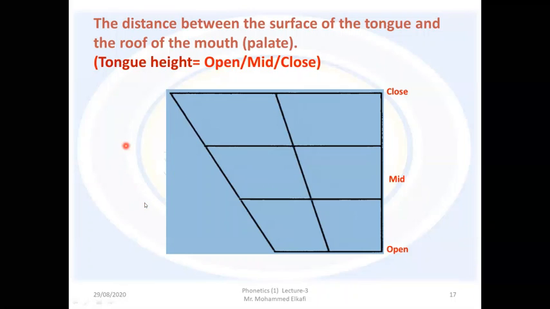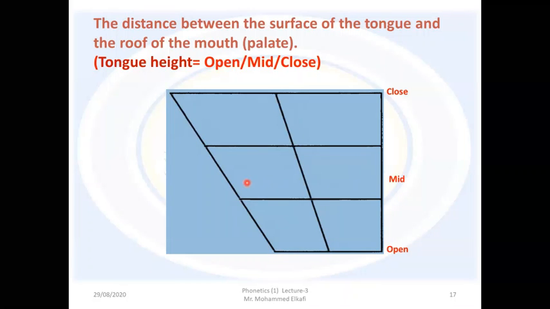Otherwise, if the tongue comes to this area to produce the sound, we'll say the sound is open mid. So this line is open mid, this line is close mid, this line is close, and this one is open.